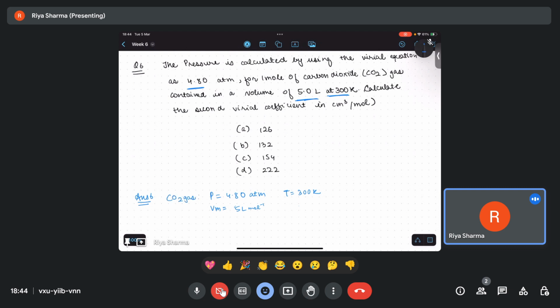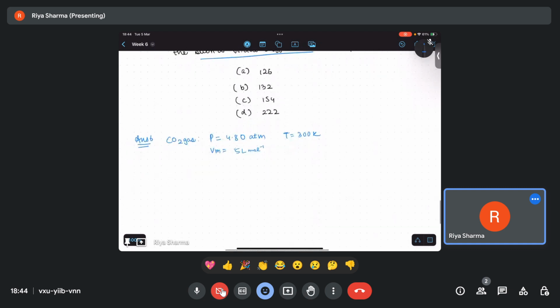What they are asking is to calculate the second virial coefficient. So we should know what the virial coefficient is. This equation we should know: it is 1 by Vm plus C by Vm square.